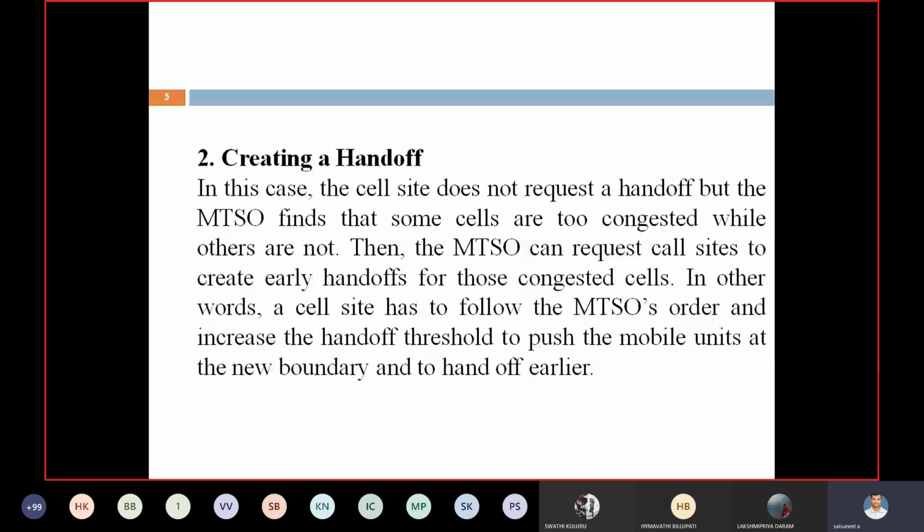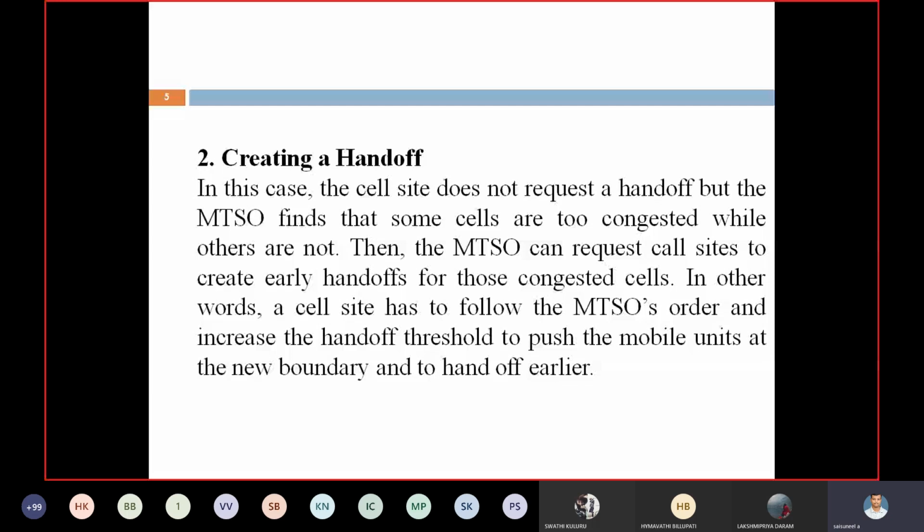This mobile assisted handoff takes place especially in a TDMA system. What is a TDMA system? Time division multiple access. We will discuss this concept clearly. Here we are using GSM, right?